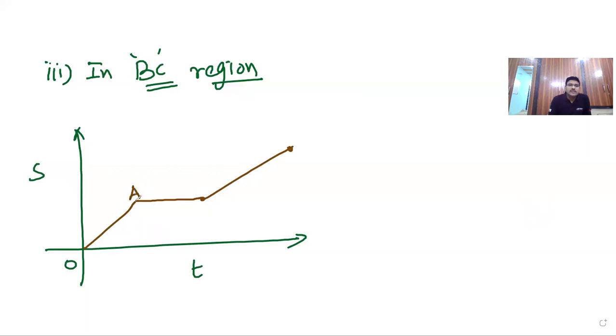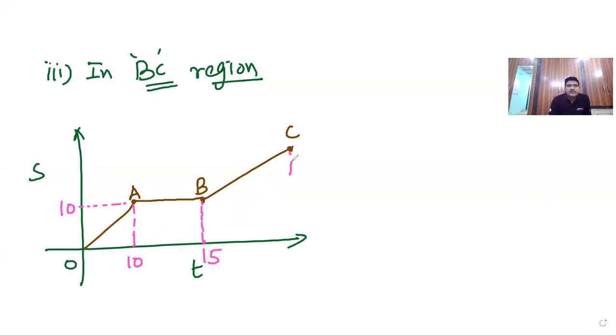This is point A, this is point B, this is point C. So let us have the coordinates. For A, x is 10 seconds, y is 10. For B, x is 15 seconds, y is 10.